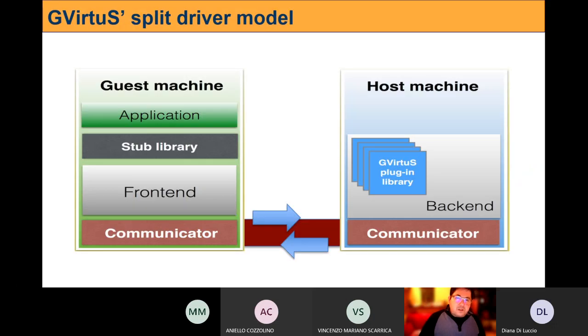As I told, it works on the split driver model. The split driver model is a key concept in today's cloud computing approach. The main idea is I have two sides of computation. One side is called the front end side, where the application runs, and the other side is called the backend, where the application has to offload part of the computation.